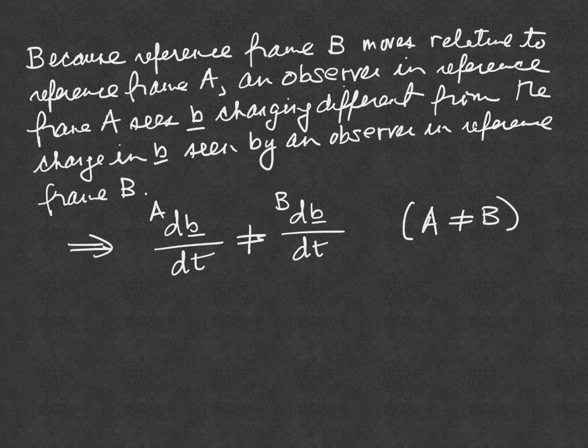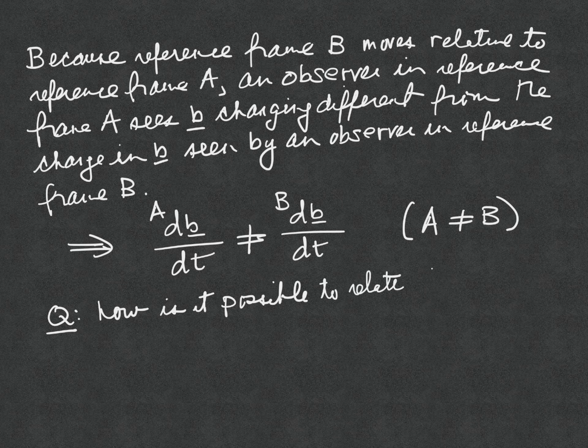So that, of course, calls into question, how do you relate these two rates of change? So the question then becomes, how is it possible to relate dB dt in B and dB dt in A? And that connection is obtained through this quantity called the angular velocity.